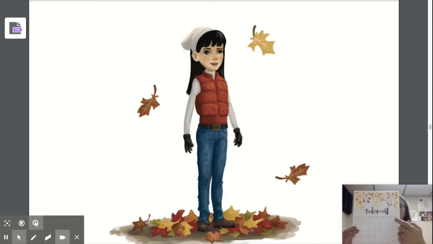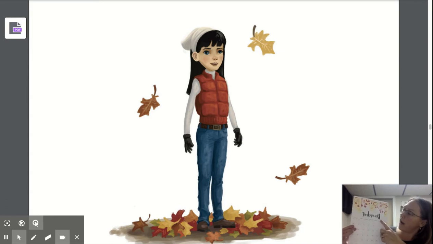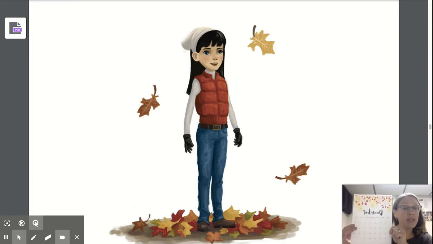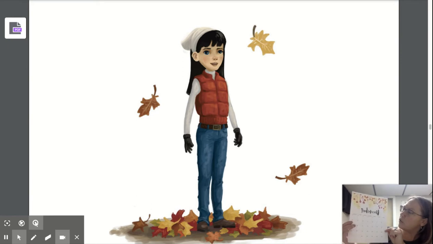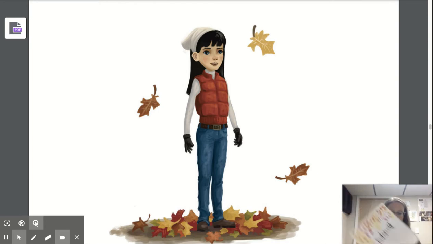In a month, there are 7 days in a week. Those days of the week are Sunday, Monday, Tuesday, Wednesday, Thursday, Friday, and Saturday. Each day in the month is given a number. So today, the day of this recording, is Monday, December 14th.